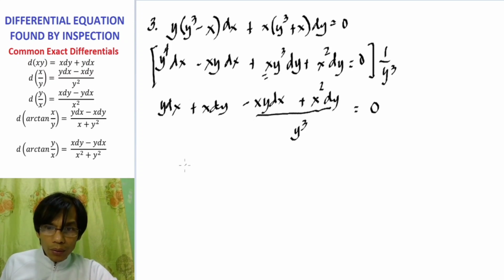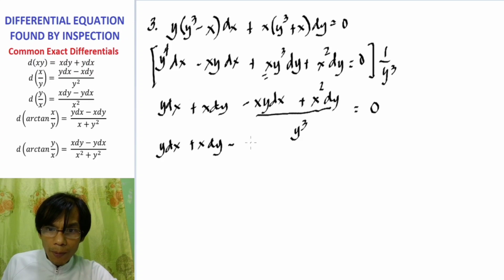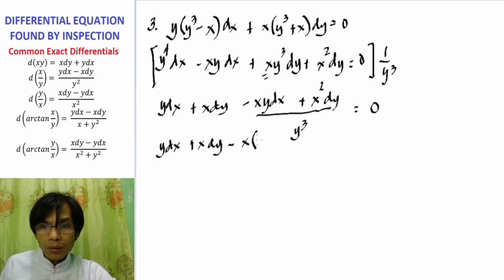What we will do now is factor out the upper term. So we have y dx plus x dy minus, of course, we have to factor out x in here.